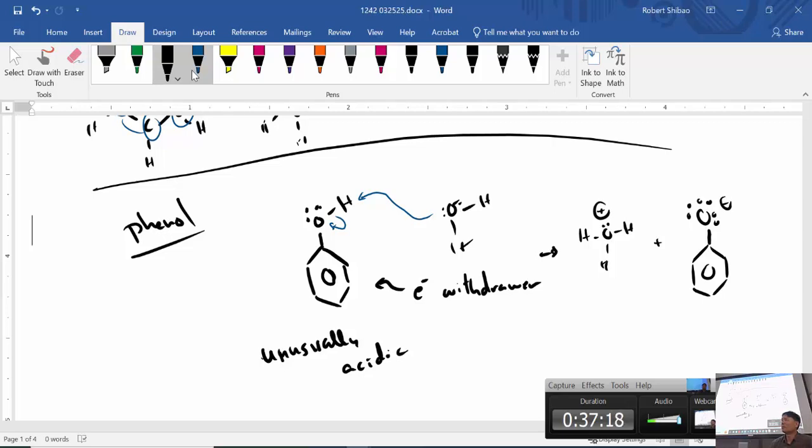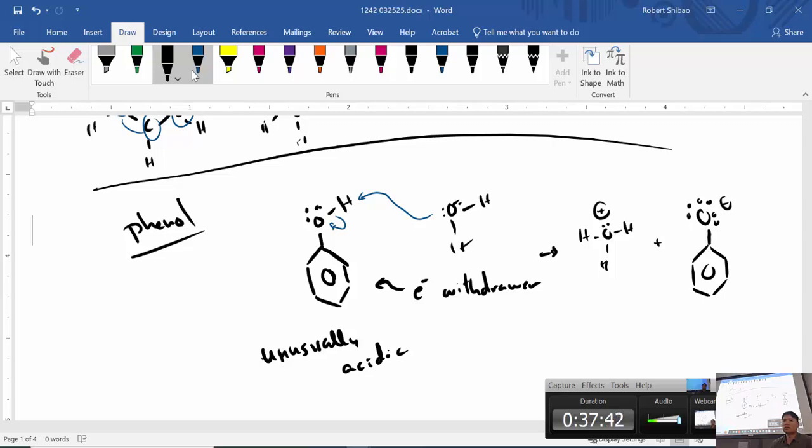Do you know what the conjugate base of methane is called? Methide. And what about the conjugate base of hydroxide? Oxide. Do you see a pattern?